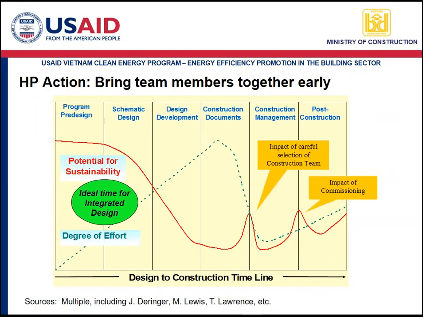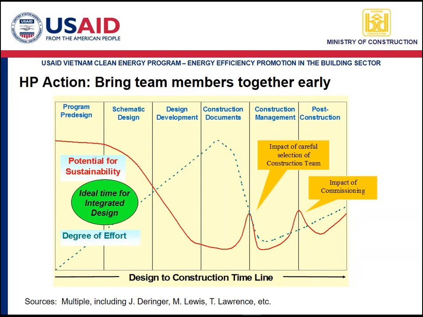This is a very important chart. And it says that as a building is developed, going from left to right, these are typical phases of building development. Before you begin design, you have programming of the building's program. Then you have conceptual design or schematic design.